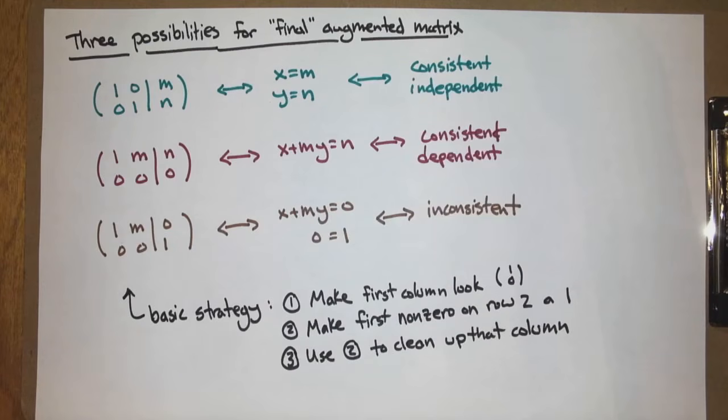So you scale, you add a multiple of one row to another, maybe you have to swap. And then you say, okay, my first column is good, move to your second column, and then say, what can I do to my second column? And sort of repeat. You do this again and again. We're going to build up to where we have more systems of equations, more equations and more unknowns.